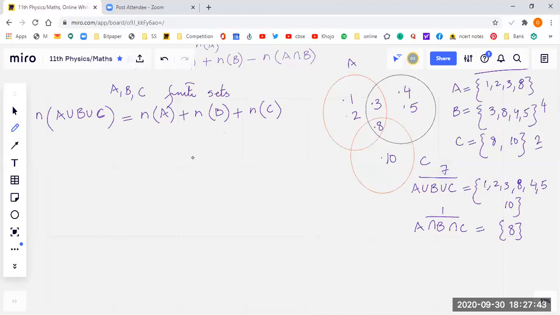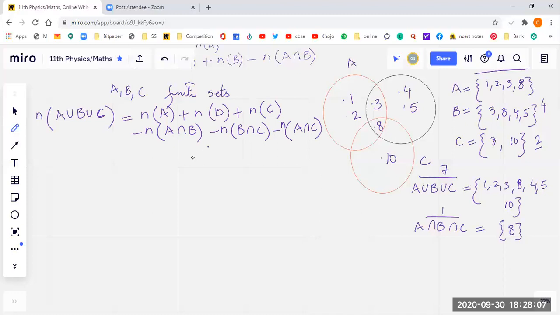Minus number of elements in A intersection B. Then take intersection of B and C, minus number of elements of B intersection C. Then take intersection of the third one, A and C, sorry, minus number of elements of A intersection C. Anyway, I make a mistake, please tell me. To err is human.